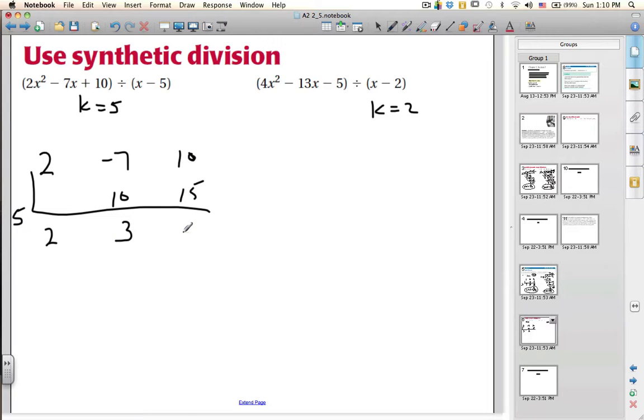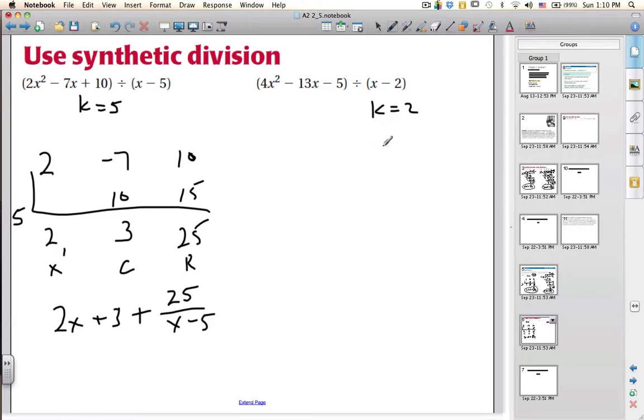And 10 plus 15 is 25. So this is, remember, remainder, constant, x to the first power. If I kept going in the other direction, I'd have x squared, x cubed, etc. But this is just 2x plus 3 plus 25 over x minus 5.